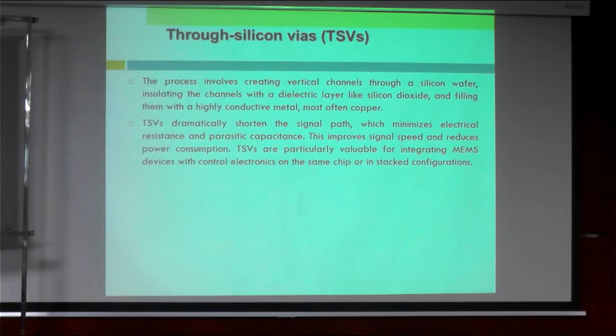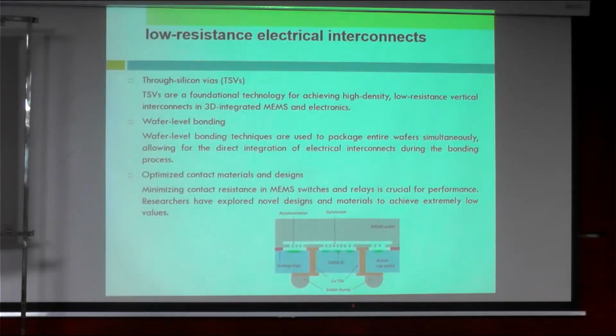And again, on the through silicon via, the process involves creating vertical channels as shown here. It might look normal here, but to fabricate this kind of through silicon via is very challenging, because the process of making it at nano or micro scale is quite difficult, and making it straight in terms of the processing is also very difficult.